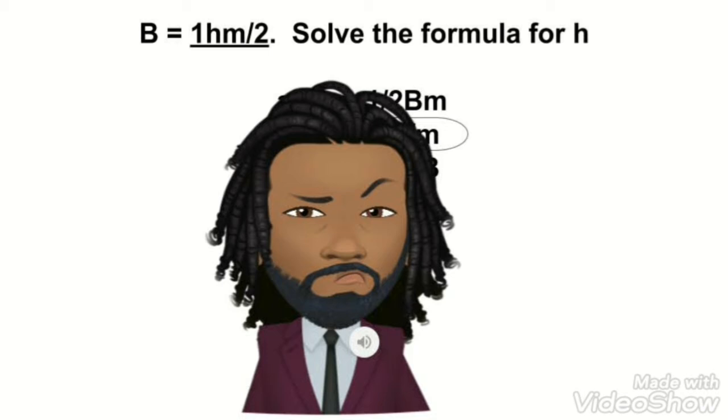B equals 1HM over 2. And you can put a 1 in front of the B, it's still the same. B equals 1B. 1H still equals H. It's the same thing. 1M equals M. And so I have B equals 1HM over 2.